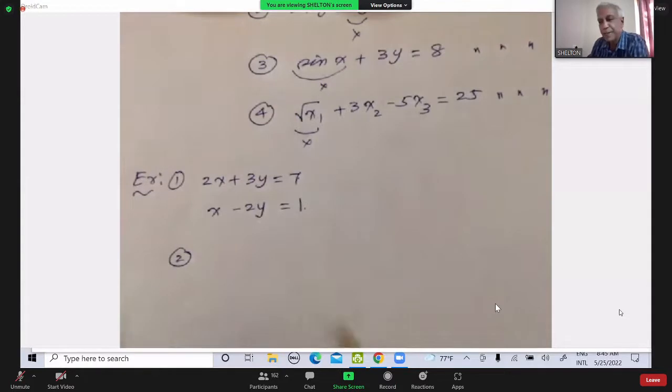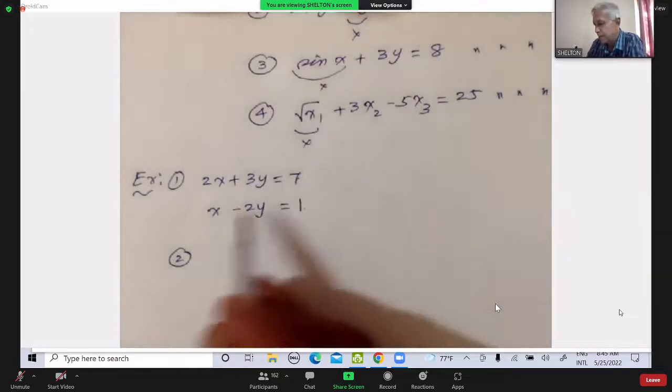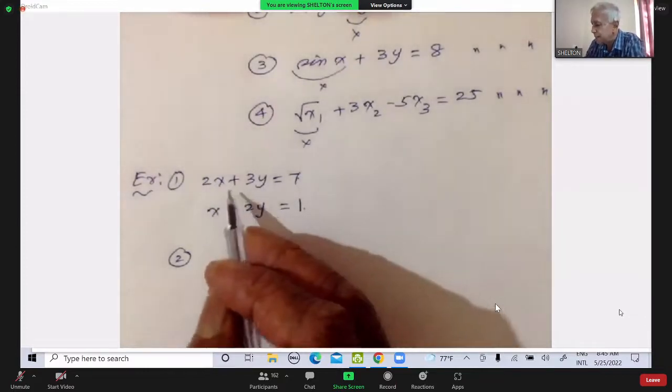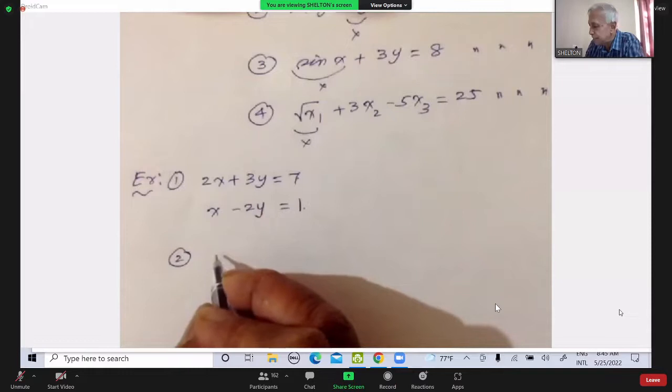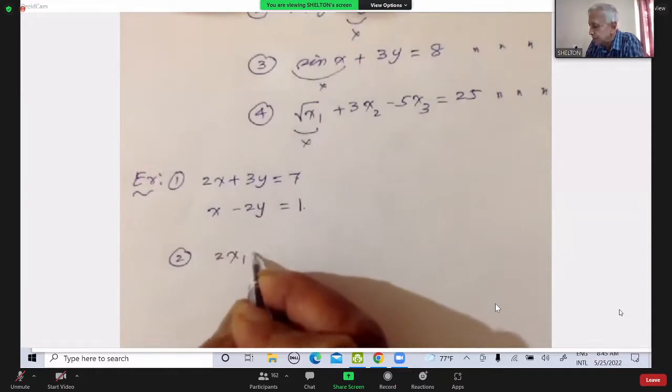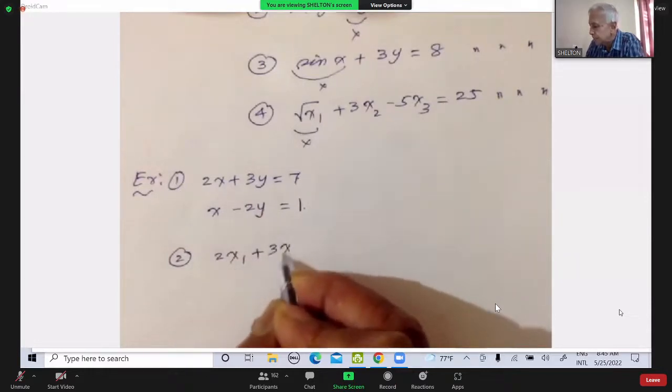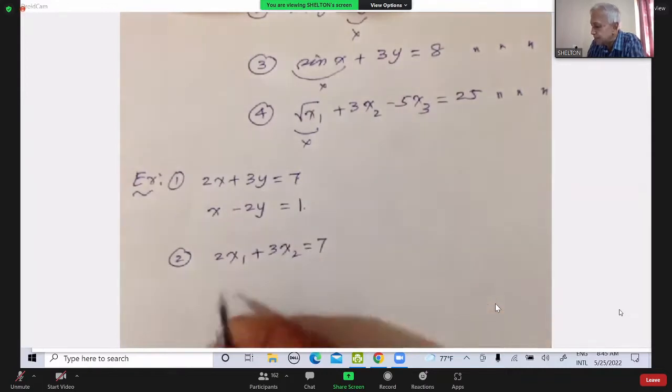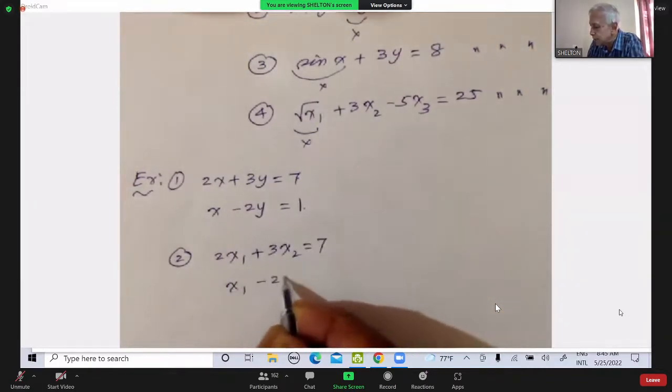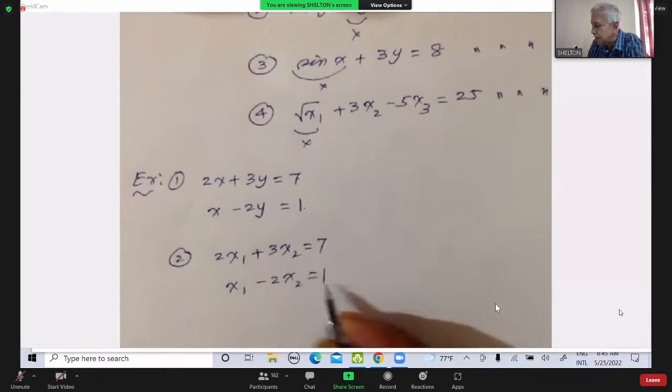Can somebody give me a system of linear equations in 3 variables? You think about 3 variables. I'll write this system. I could have written it as 2x1 plus 3x2 equals 7, x1 minus 2x2 equals 1.